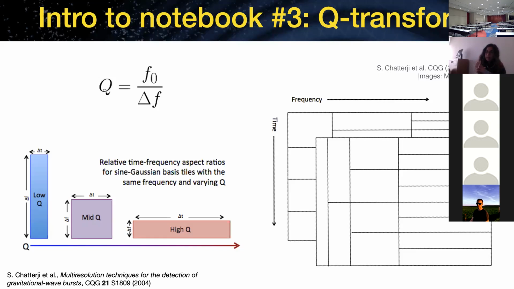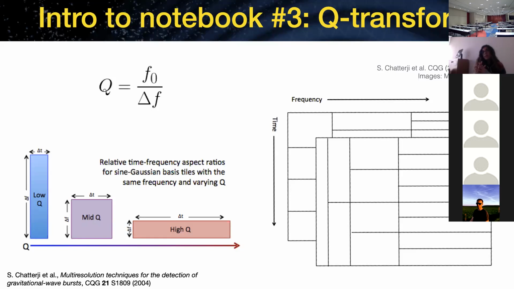For the characteristics of our data, we found it useful to have a different bidimensional representation, called the Q transform.